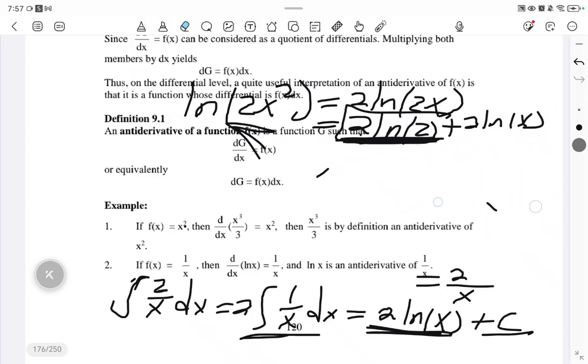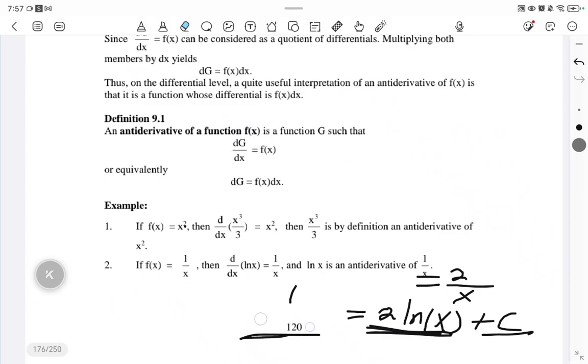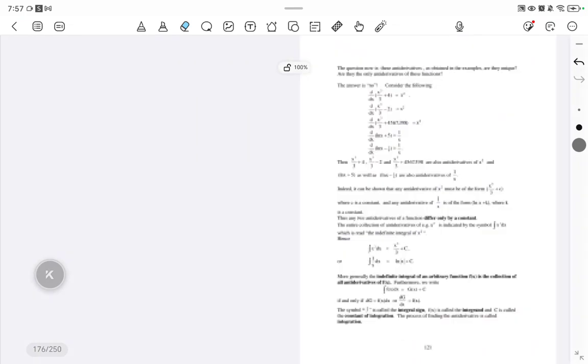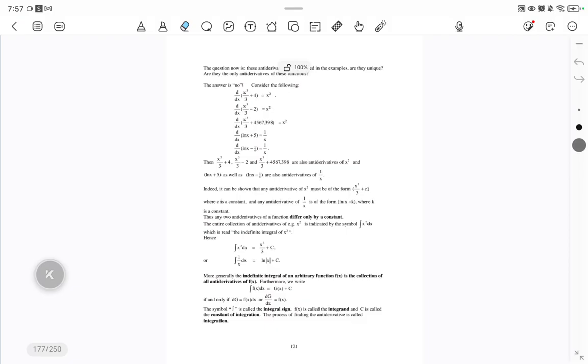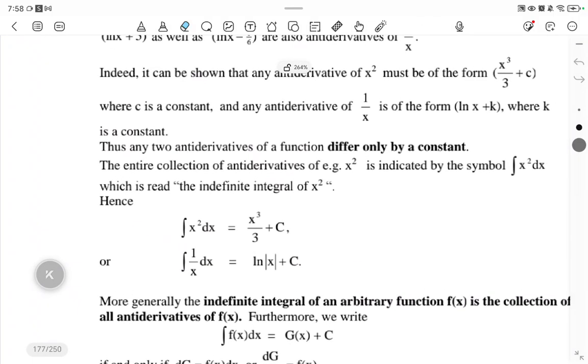Now I think we can go to the examples and see. You never forget plus c. If you forget plus c, the solution is wrong. Let me see. You must always have plus c.